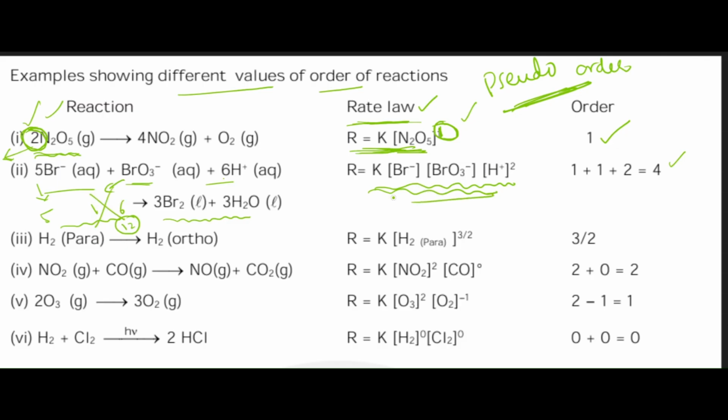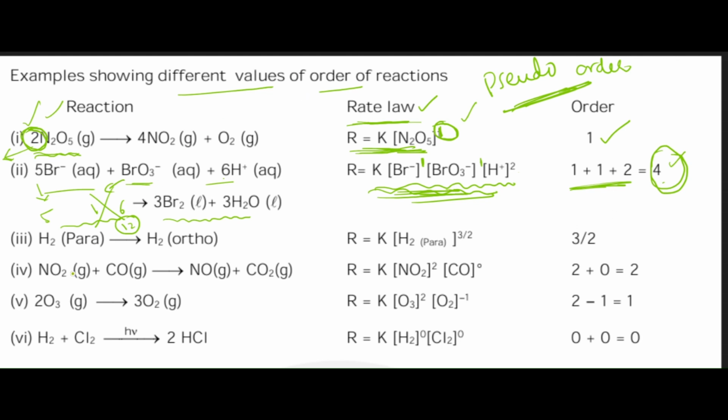Actual order can be determined based on rate law. So here the bromide ion power will be 1, here it will be 1 and here it will be 2. So overall order of the reaction is 4. This kind of order of reactions are very rare. Clear?